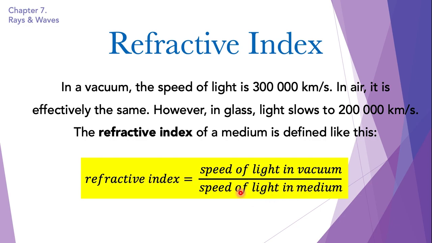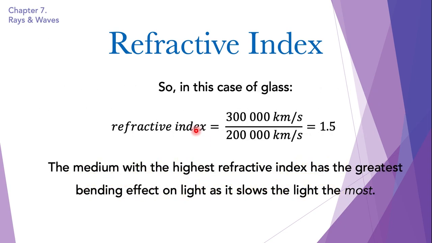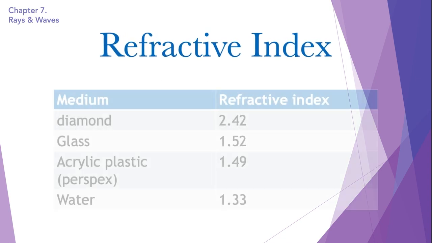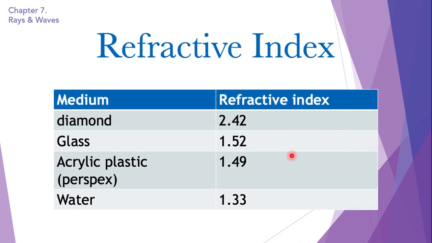So in this case of glass, the refractive index would be equal to the speed of light, which is 300,000 kilometers per second, divided by the speed of light in glass, which is 200,000 kilometers per second. And we will get 1.5. So here we have some refractive index values. The medium with the highest refractive index has the greatest bending effect on light because it slows the light the most.